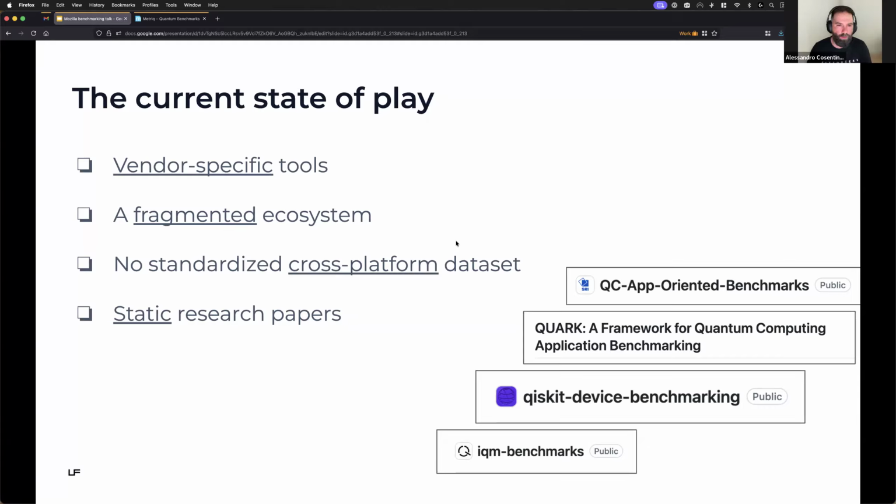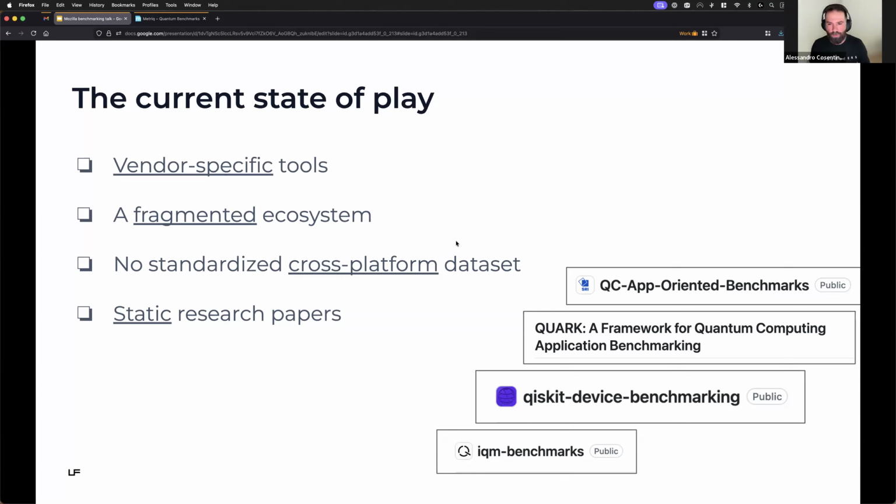This is because each vendor wants to understand if they are making progress with their own technology, with the things that they are building. So in order to do that, they are building benchmark protocols and benchmark tooling along the way. The fortunate thing is that they are also exposing this to the public.